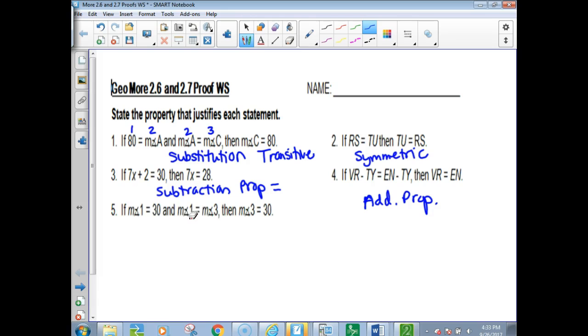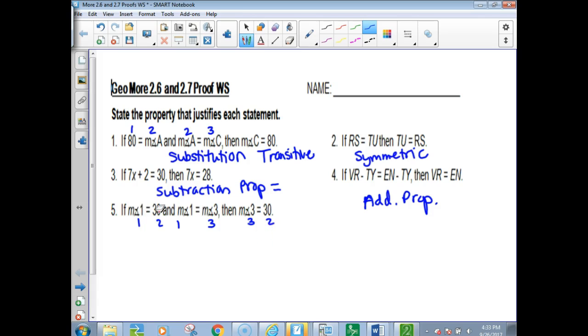The measure of angle 1 equals 30, and the measure of angle 1 is equal to angle 3. Then you can make a trade. It's very similar to the transitive property. However, here, if you went 1, 2, 1, 3, then this is 3, 2. So it's not really following the 1, 2, 2, 3, 1, 3.